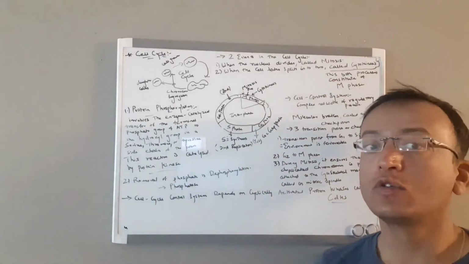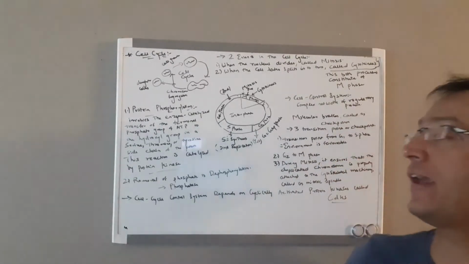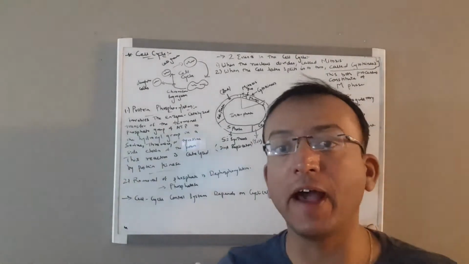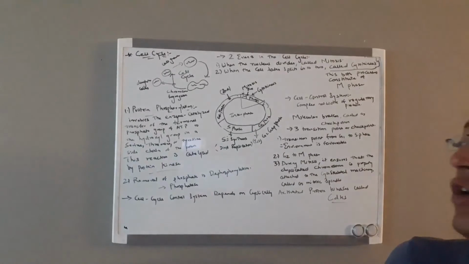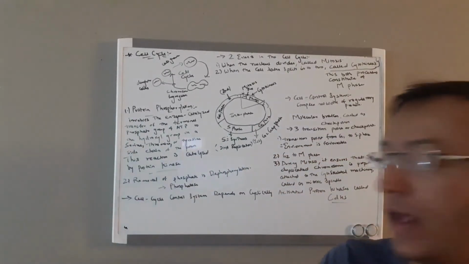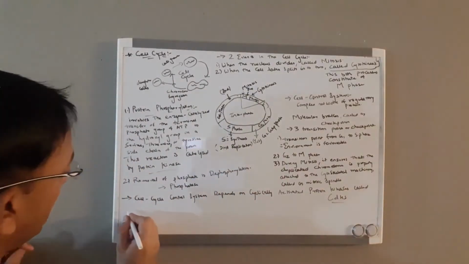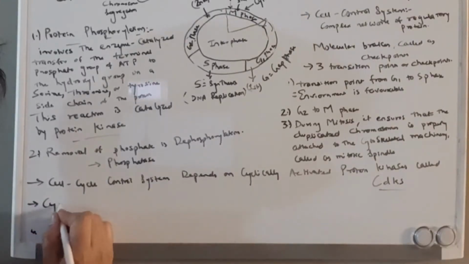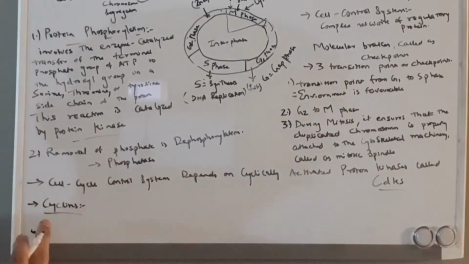and off? Switching these kinases on and off at the appropriate time is partly the responsibility of another set of proteins in the control system known as cyclins. So these are cyclins. And what is their responsibility?